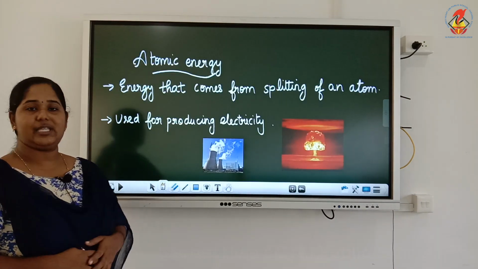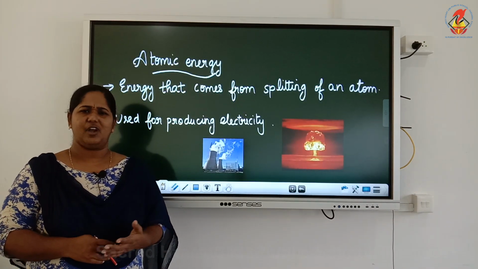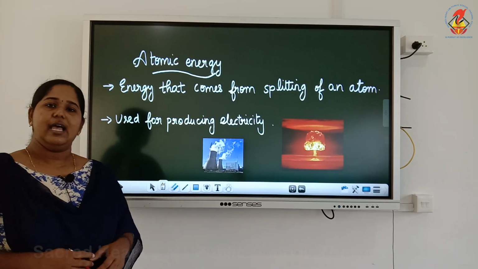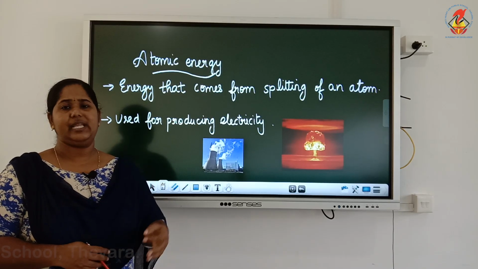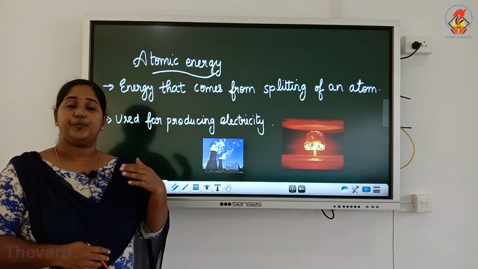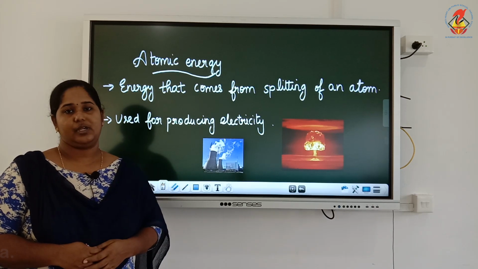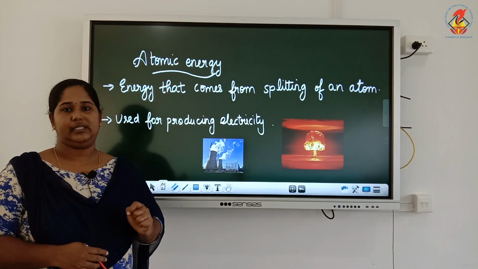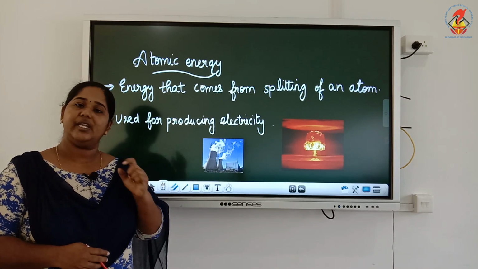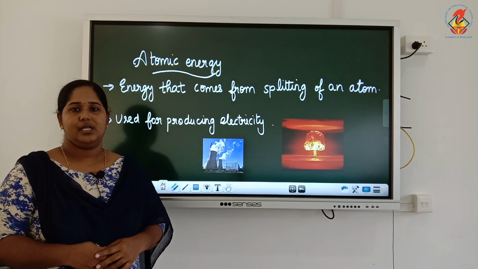The second type of energy is atomic energy. You might not have heard about atomic energy, isn't it? Atom you have heard. Atom is the smallest particle of matter. It is indivisible. But I told you, even if it is indivisible, it can be split up into protons and neutrons. Can you imagine such a small particle, the atom?